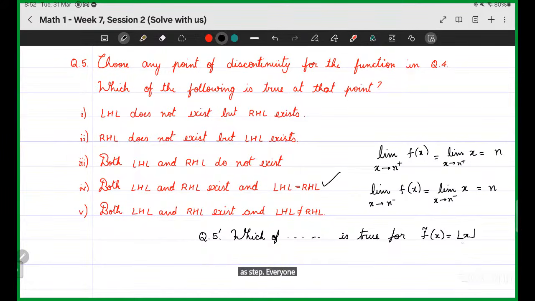Everyone knows the step function? Yes, sir. Sir, step I assume means floor function, right? Yeah, floor function. Take some time, think about it and give me an answer.